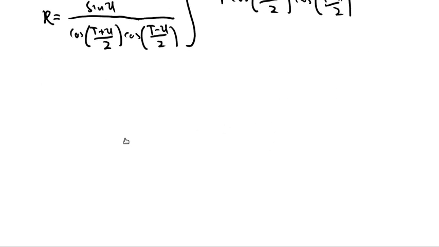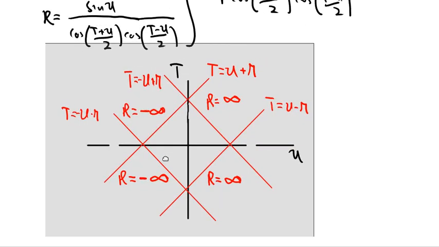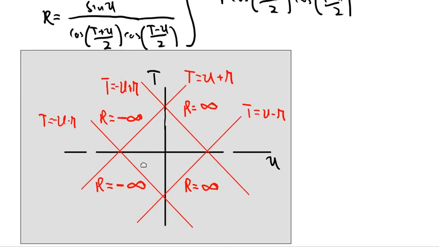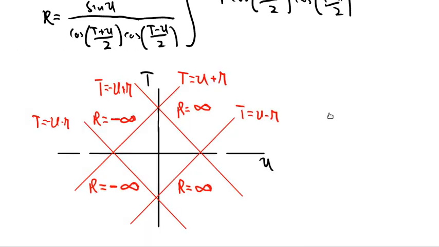Okay, so this is the picture which shows the range in which capital T and capital U vary, which is a range determined by these lines. So the set in which capital T and capital U vary is this square. Just remember from the lecture about Schwarzschild.